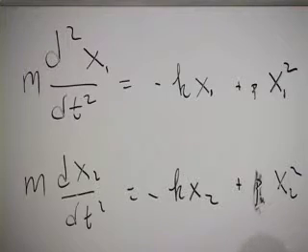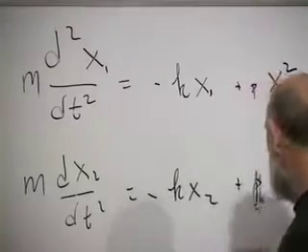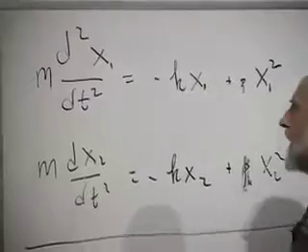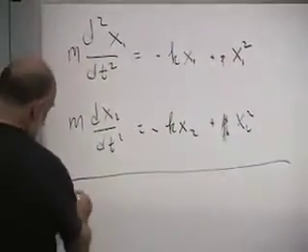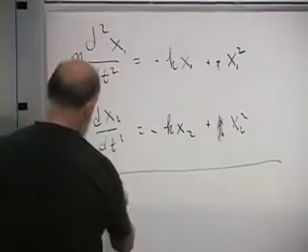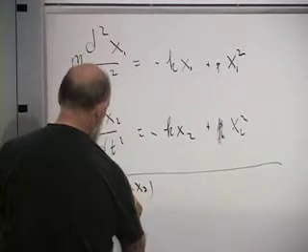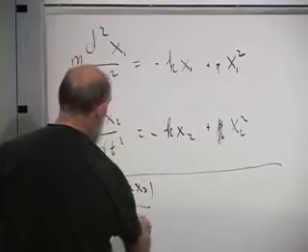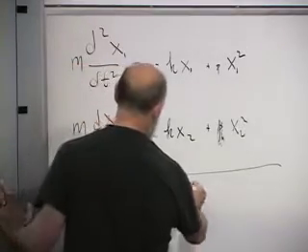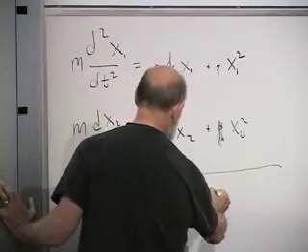If you add these equations, what you'll get is m times d² of x1 plus x2 by dt squared equals minus k times x1 plus x2.